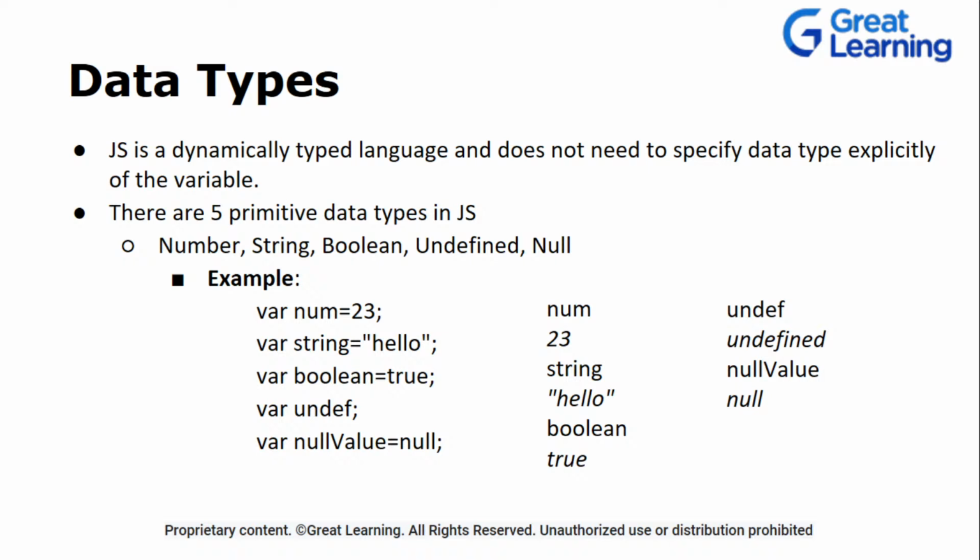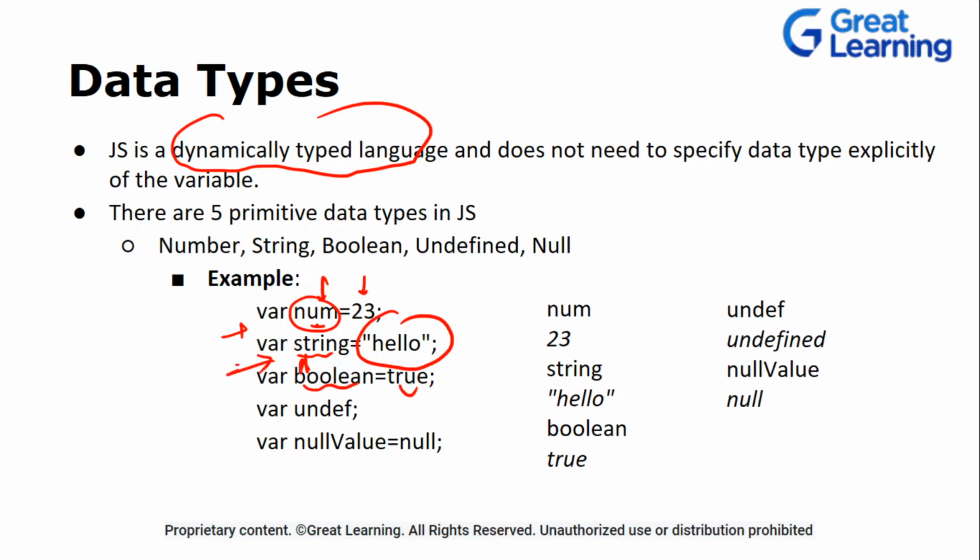JavaScript is a dynamically typed language. You don't have to specify the type explicitly. You don't have to specify that this is a number. Depending upon the value you are storing, it will react and say this is a number or a string.